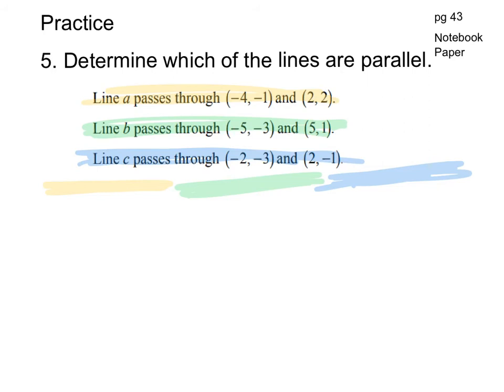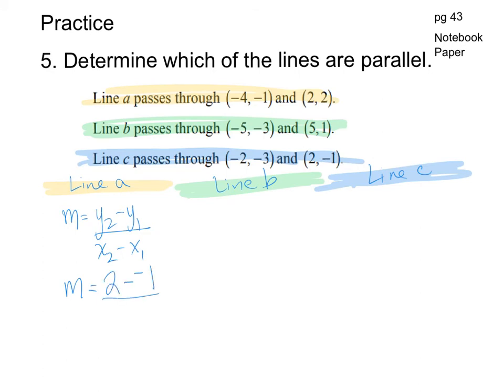Okay, so for line A, I'm going to use the formula m equals y2 minus y1 divided by x2 minus x1. The slope would be 2 subtract negative 1. Remember, I'll write this up here really quickly. x1, y1, first x, first y. x2, y2, second x, second y. x2 minus x1, 2 minus negative 4.